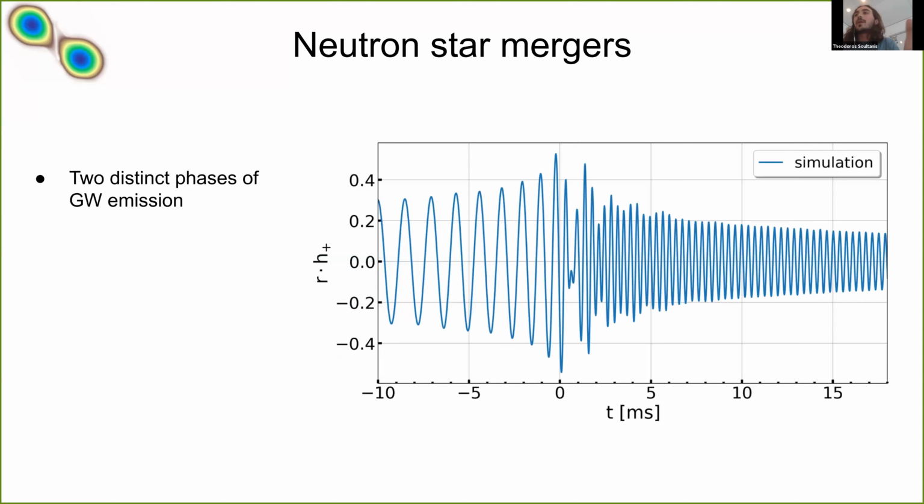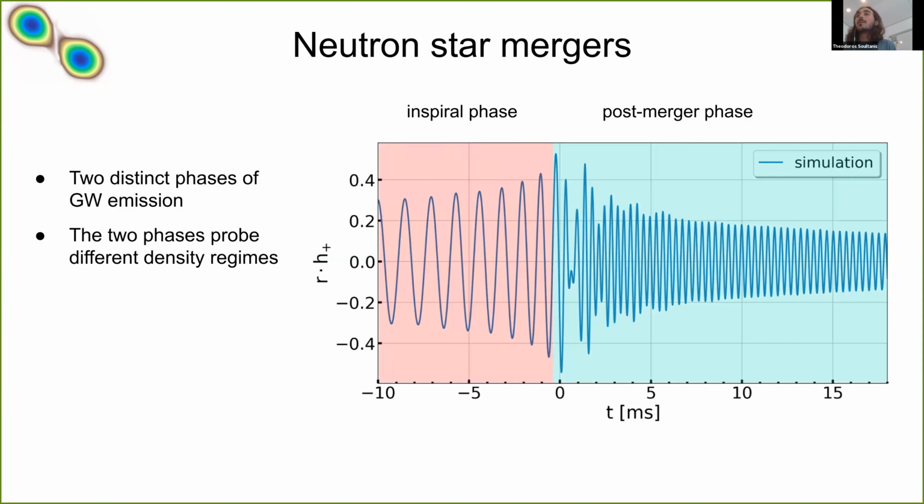But for the rest of this talk, I will talk about the gravitational waves we get in this post-merger phase, from the remnant that oscillates. Thanks to the previous talks, I don't need to spend a lot of time here, but I just want to mention that we have two phases.